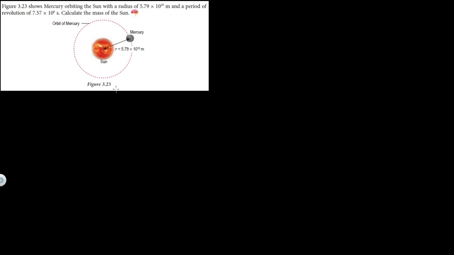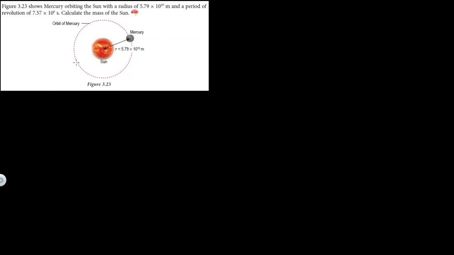This is a question taken from your textbook. Figure 3.23 shows Mercury orbiting the Sun with a radius of 5.79 times 10 to the power of 10 meter and a period of revolution of 7.57 times 10 to the power of 6 seconds. Calculate the mass of the Sun.